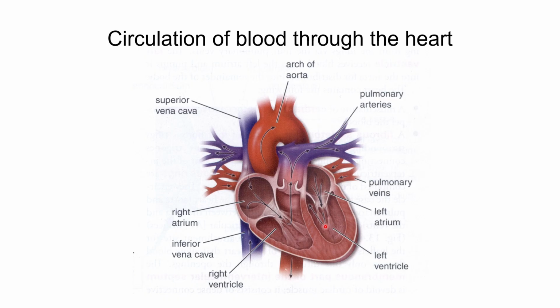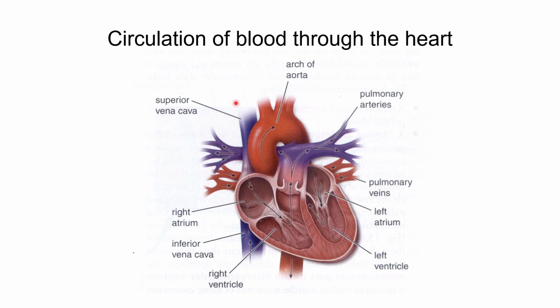Again, they are separated by an interventricular wall. So it's four-chambered with valves allowing one-way passage in the various parts of the heart.